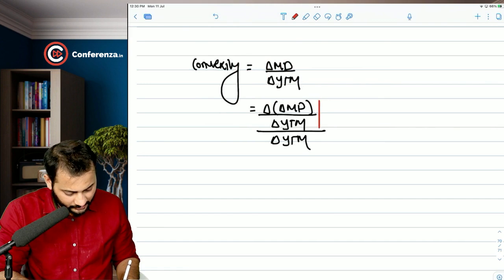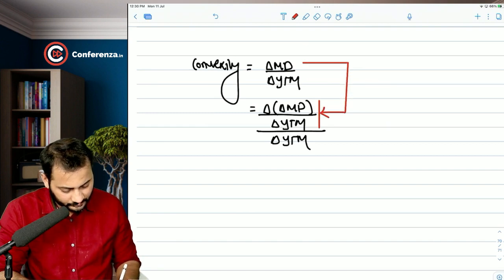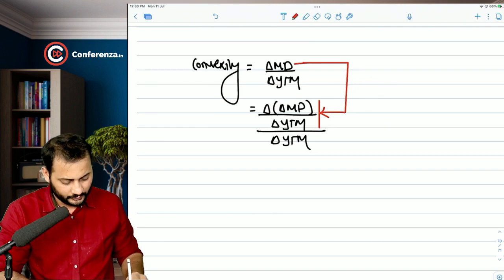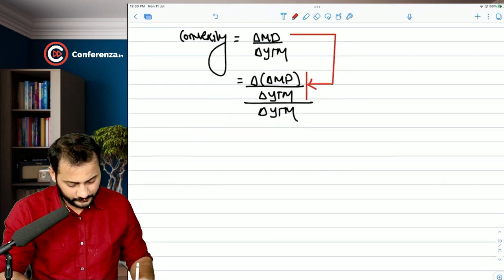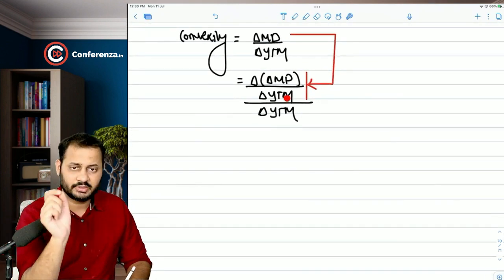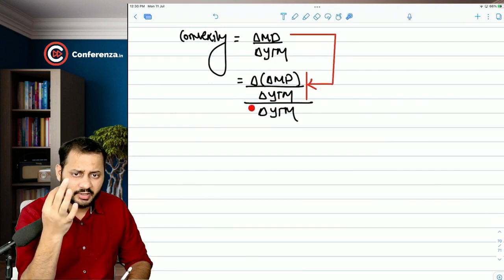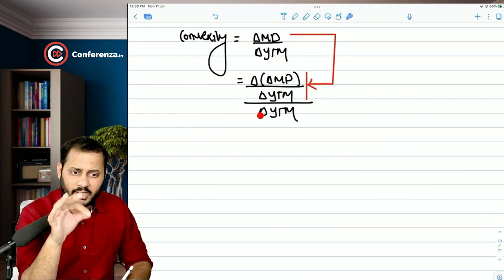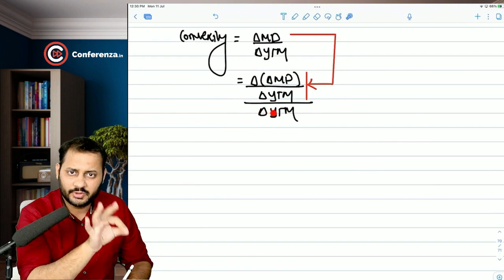This much is covered by the change in modified duration, right? Let's go. Now, this change in YTM will go down and become change in YTM squared.